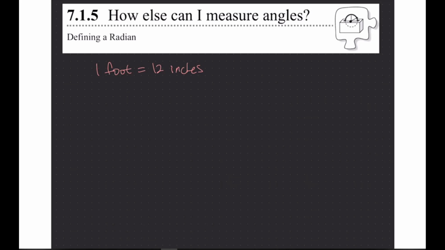You're just writing that same measurement in two different forms. You're either writing it as 1 foot or you're writing it as 12 inches. The same thing happens when it comes to angles and radians. They're equal. They're the same thing. It's just another way of writing it. Different ways, different applications, like different ways of writing things. All right.